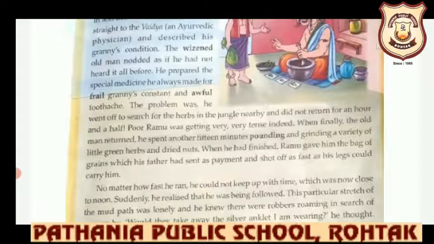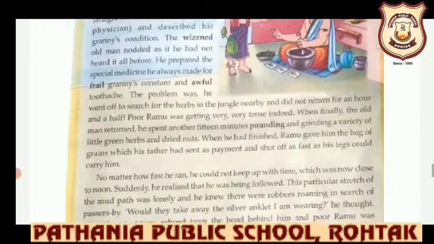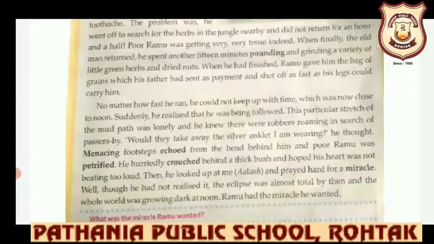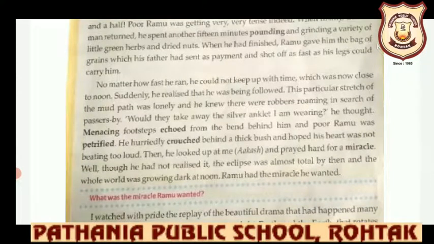Earlier, the barter system used to be followed. Barter system means that at that time everyone was not having money. Everyone was not very rich. So people, whatever things they had, they used to exchange them for other things. Say for example, I am growing crops, and you are maybe making jewelry.